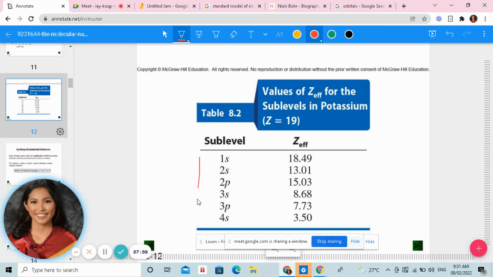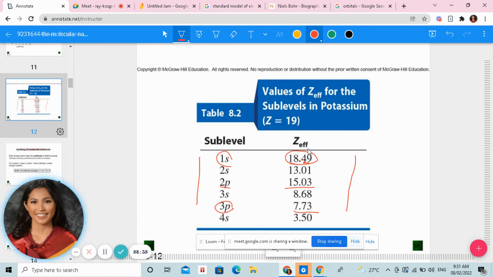Okay, what can you observe here? If we have the 1s sublevel, the attraction is equal to 18.49. If we have 3p, it is 7.73. 2p, it's 15.